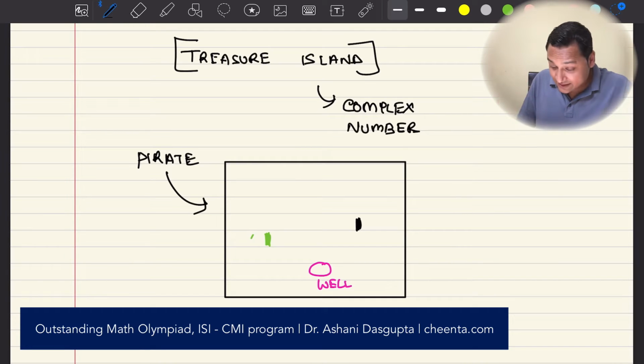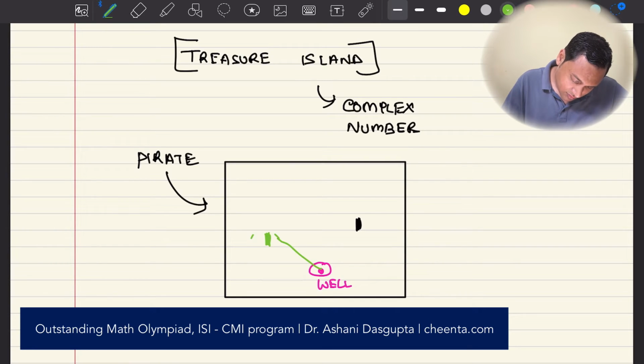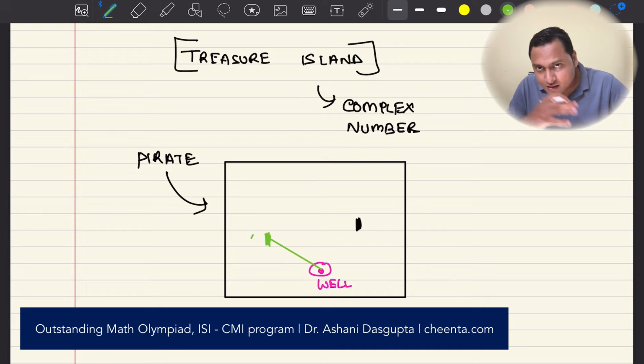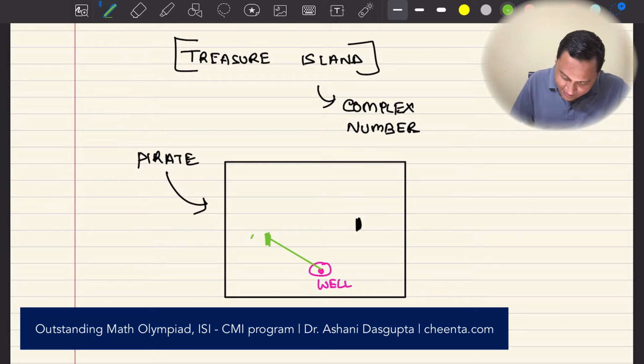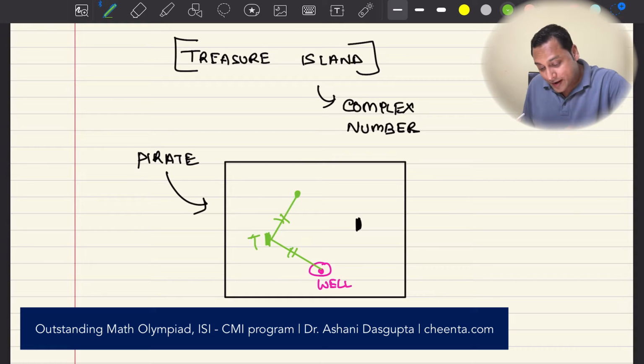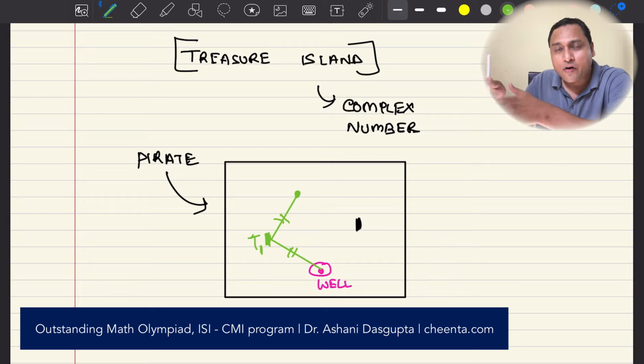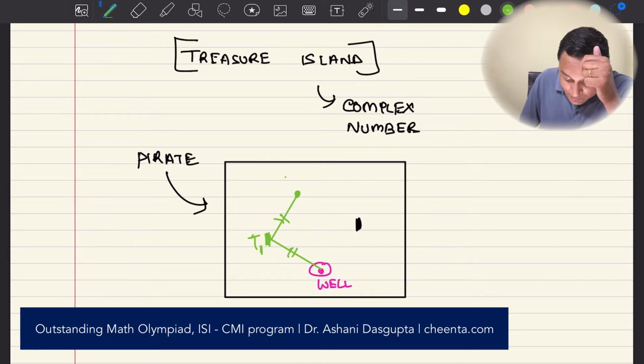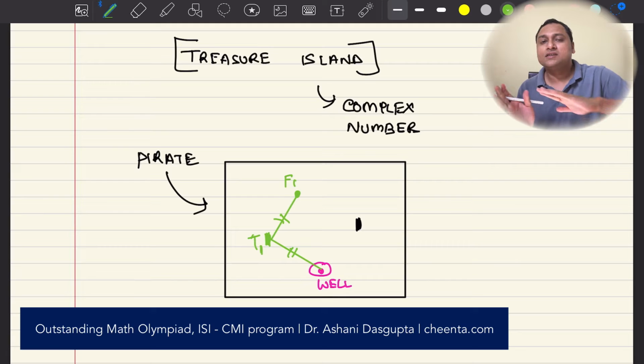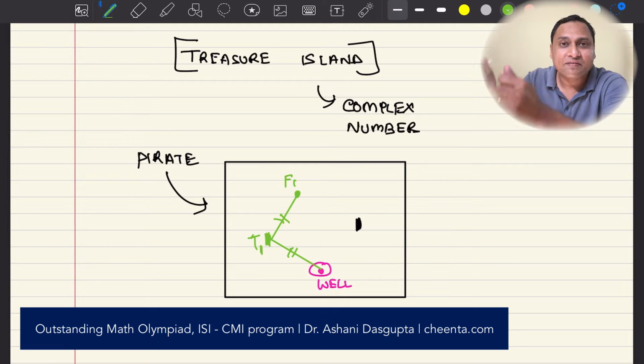So the map is like this, that you start at the well, you go to tree 1, you turn 90 degrees, so like this, and you have to make sure that these two distances are same. So well to tree 1 and tree 1 to however distance you go, these two distances must be the same. So you go, turn 90 degree and place a flag down there.